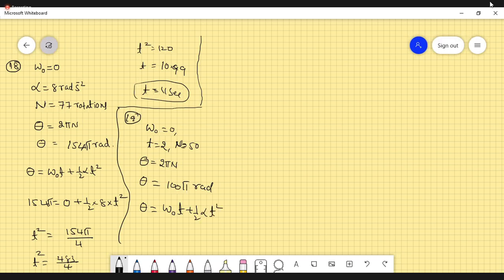Theta is 100 pi, omega naught is 0, plus 1 by 2 into alpha, which you have to calculate, into t equals 2 squared. From this, alpha equals 50 pi. This is alpha.